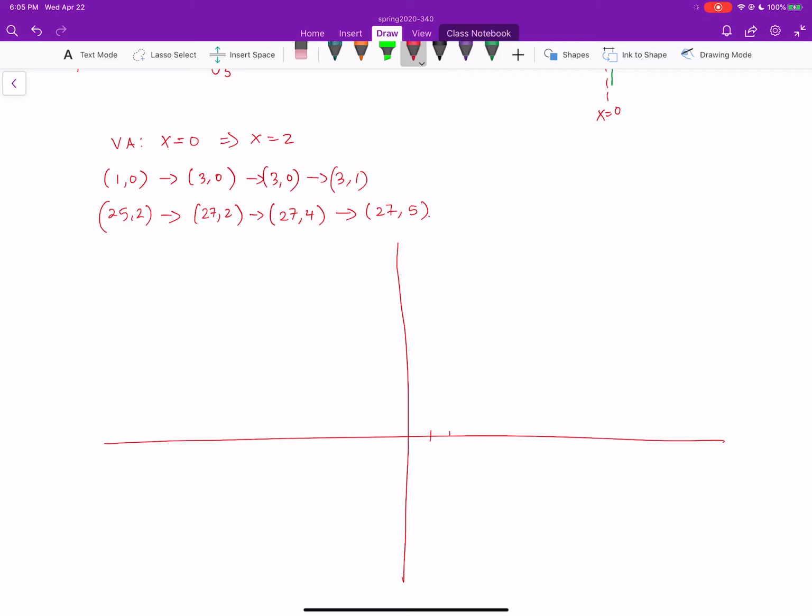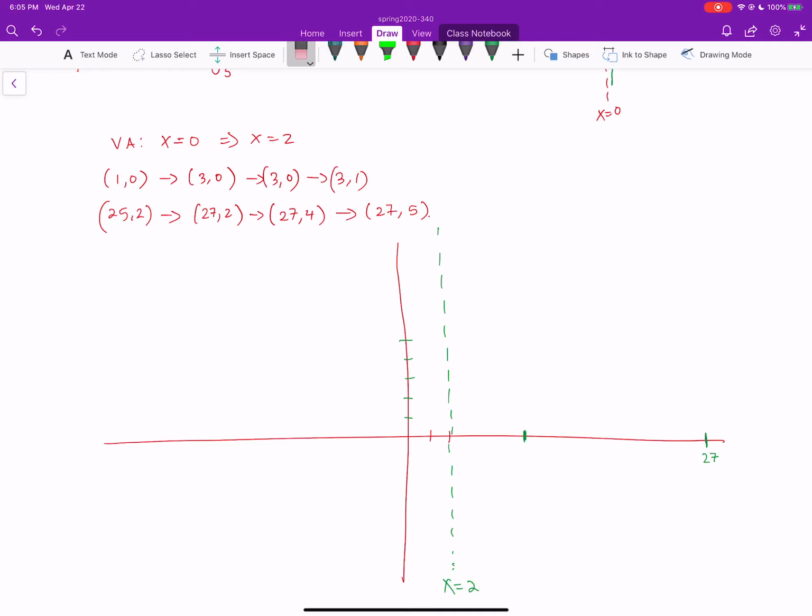I get my vertical asymptote that moved. Let's say 2, 3, 4, 5, 6. Why am I using 6?